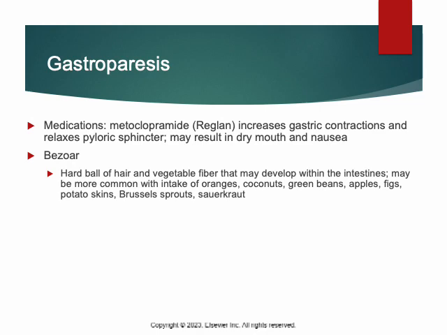One medical intervention that is typically used for delayed gastric emptying is Reglan. And this increases the gastric contractions and relaxes the pyloric sphincter. Using Reglan can help our patients. However, they may experience dry mouth and nausea as a side effect of Reglan, things that they may already have.